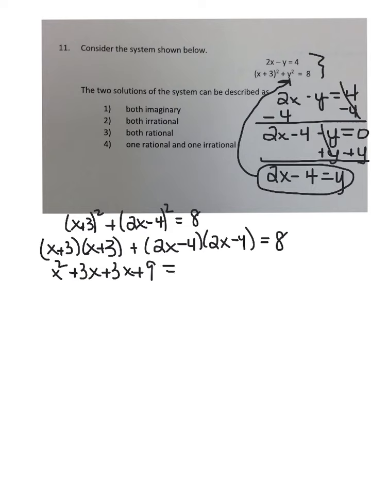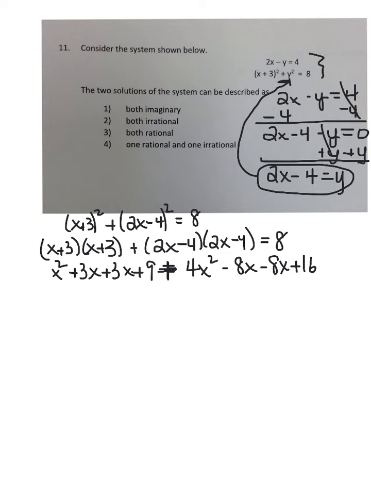And on the right, oops, I'm sorry, that should be a plus sign. Let me reiterate, this plus sign here is that plus sign there. Then I'm going to get 4x squared minus 8x minus 8x plus 16.